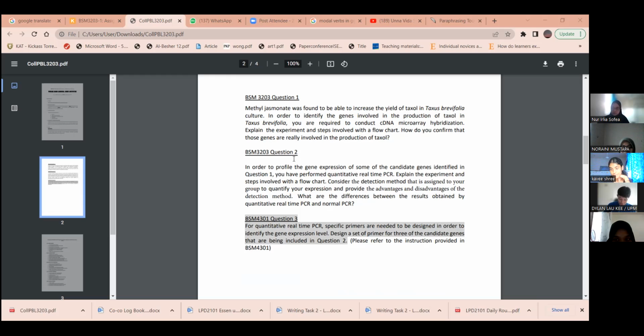Then for question number 2, who would like to volunteer for explaining the experiment and steps involved with a flowchart? Me, Izzah. Okay. And then for the advantages and disadvantages of our detection method, which is Scorpion.